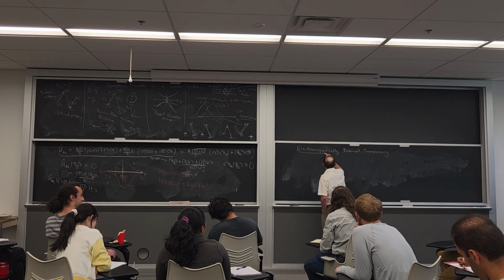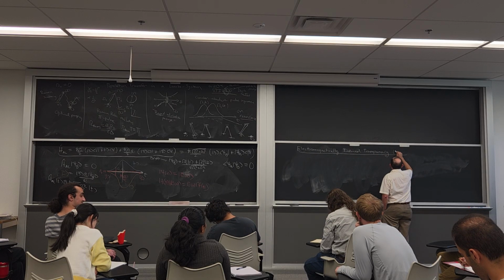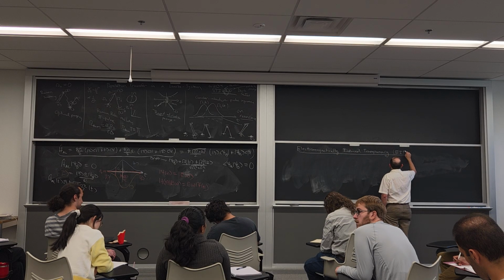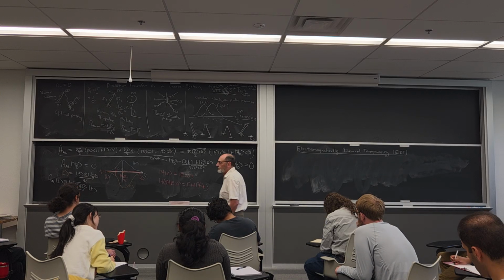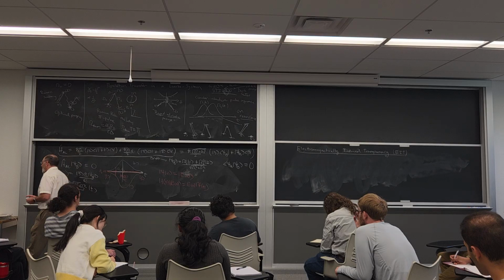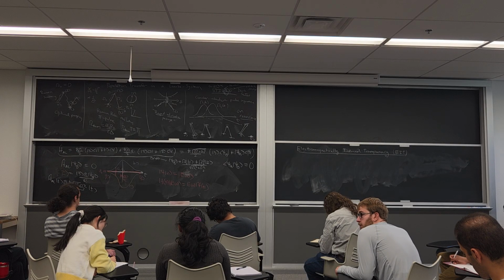But I have a question. So we're in a dark state, and then we have these Rabi frequencies 1 and 2. And you do a pi pulse. But what if I want to add a phase to that?